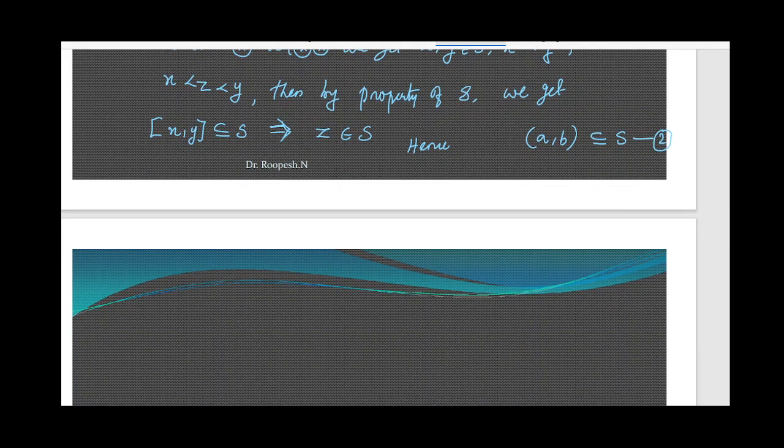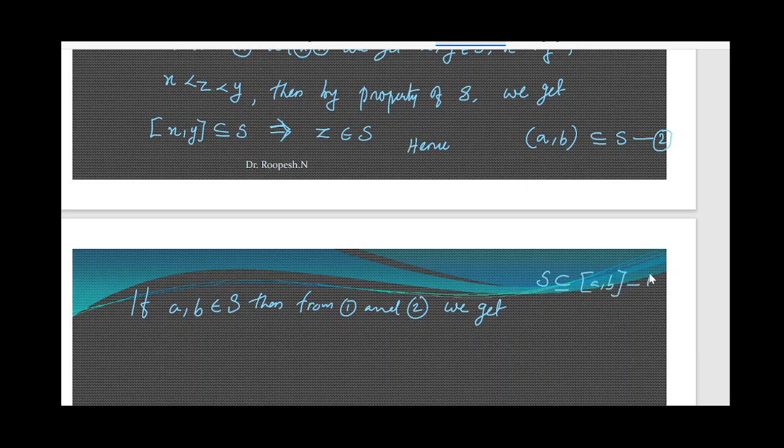Now if a and b belong to S, then from 1 and 2 we have proved that equation 1 gives us S is contained in the closed interval [a, b].